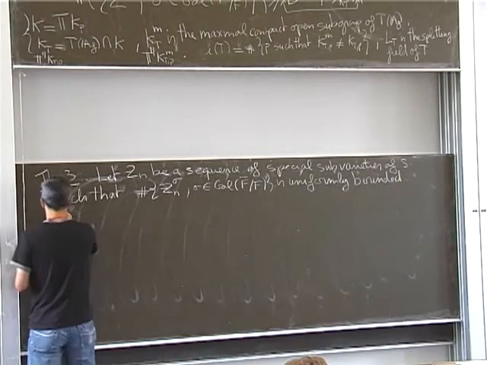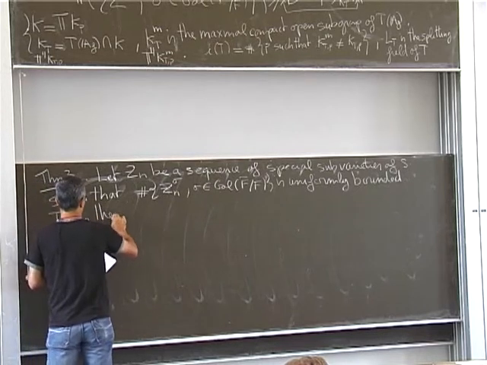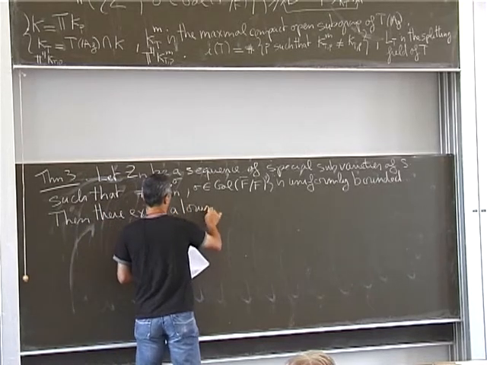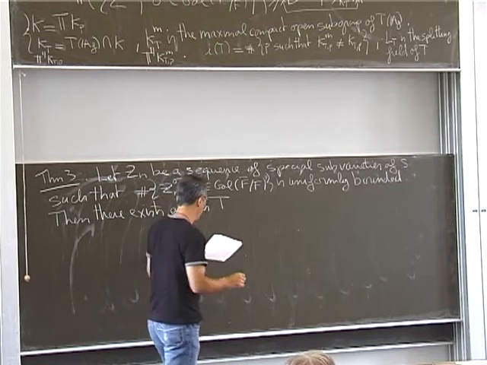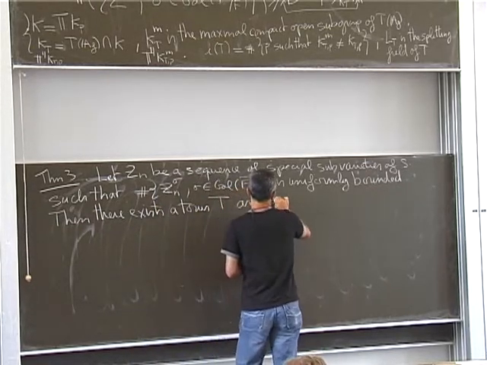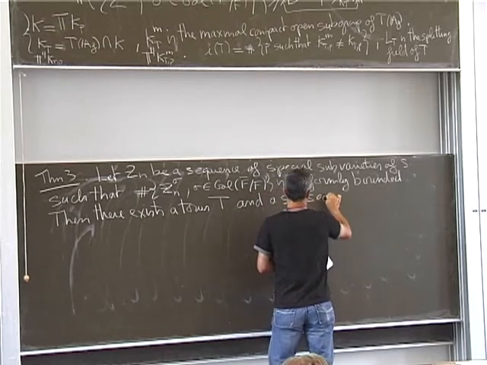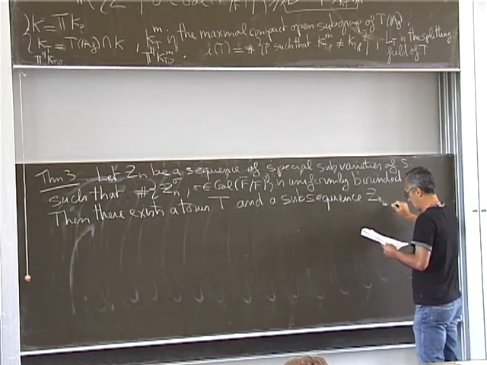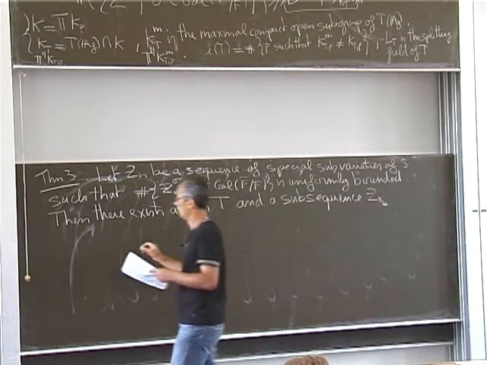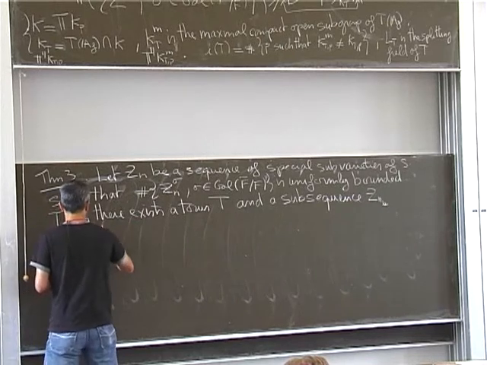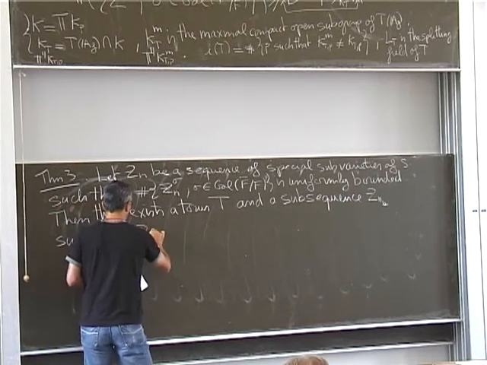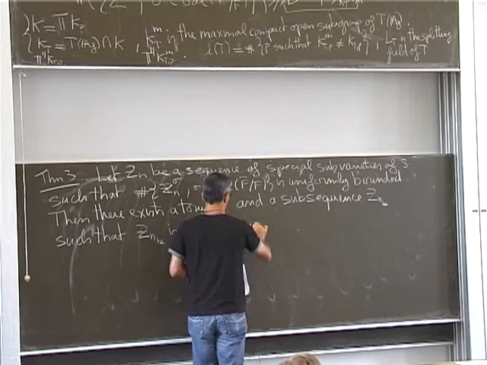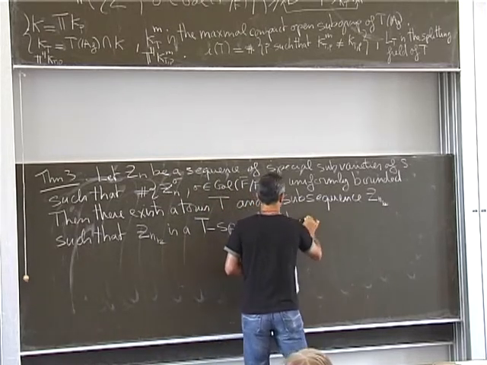Then there exists a torus T and a subsequence Z_{n_k} such that Z_{n_k} is a T-special subvariety.